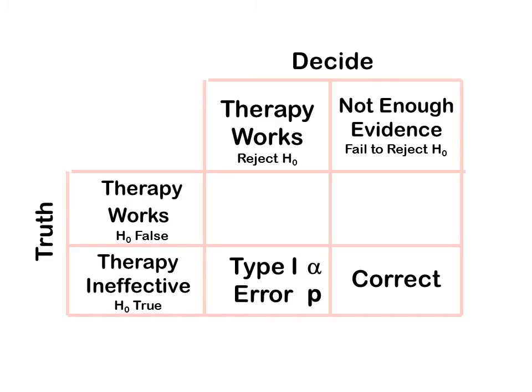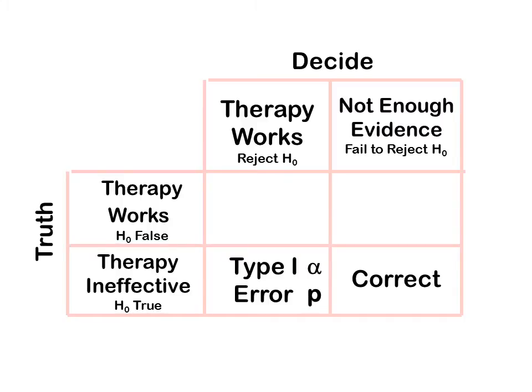Another probability of a type 1 error is based on the data. That's an a posteriori probability. That is, based on our data, how likely is it we would be making a type 1 error given the data that we got. Now notice that if in fact therapy is ineffective, we're either correct or we've made a type 1 error.